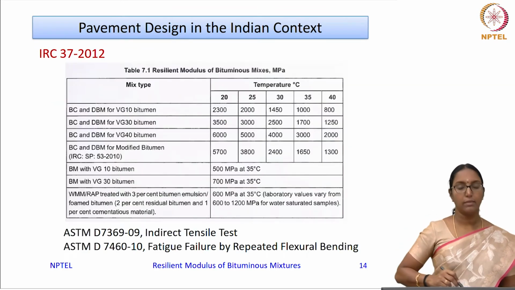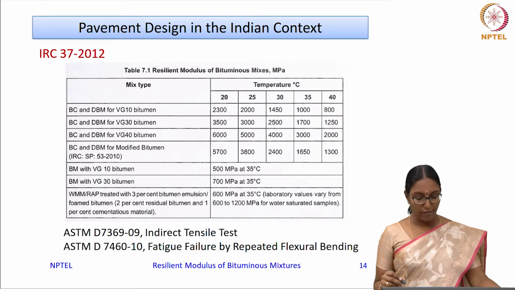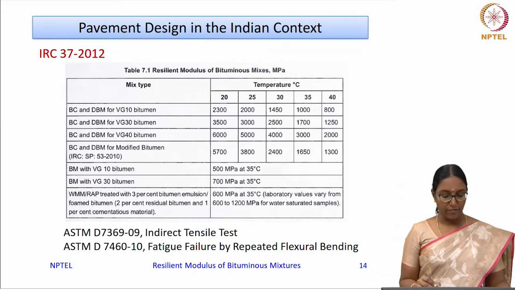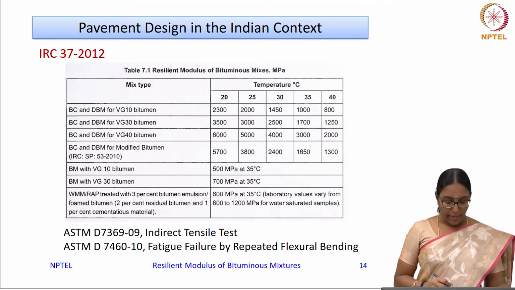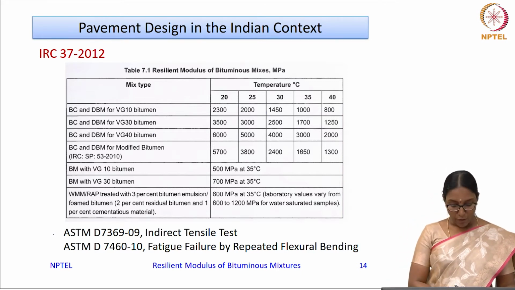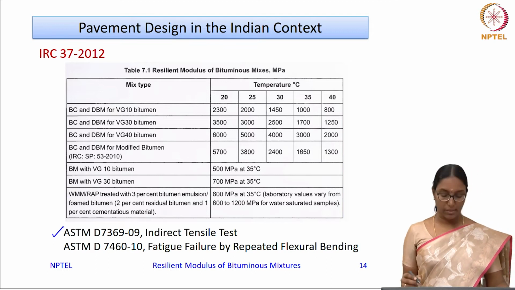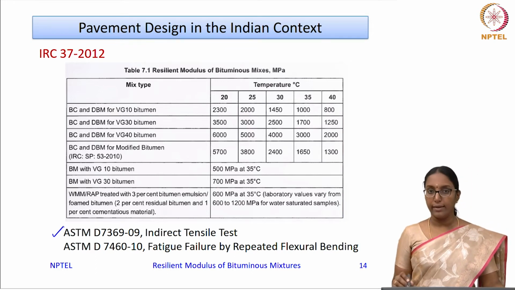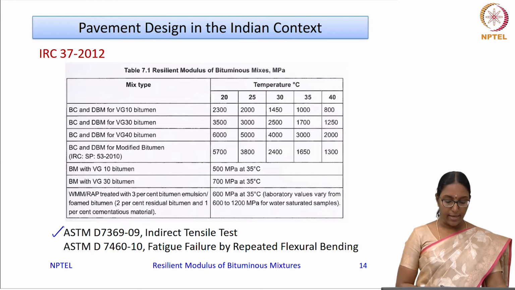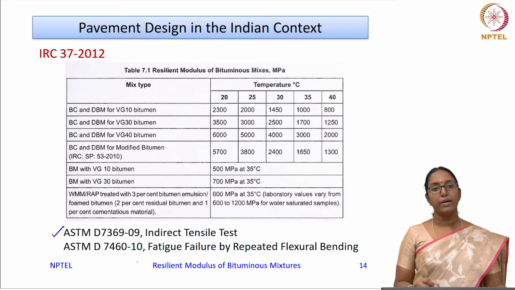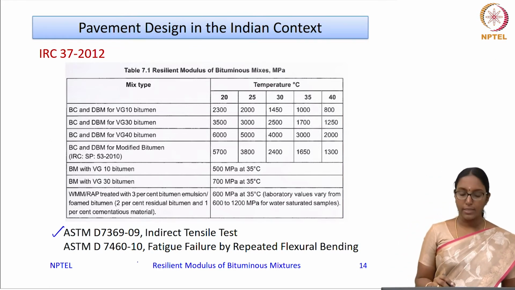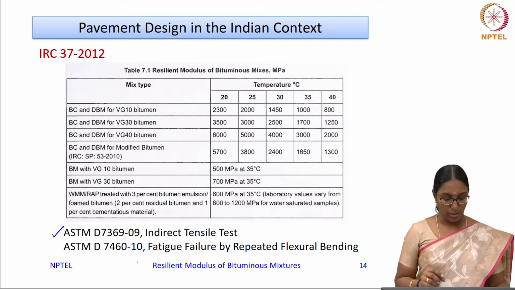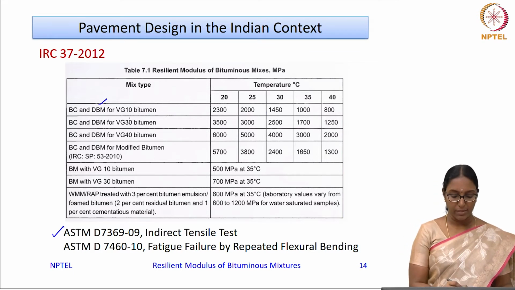So, as suggested by IRC 37 2012, these are the resilient modulus values given for different bituminous mixtures, and the test protocol they have used is ASTM D7369 by indirect tensile strength test, or ASTM D7460 wherein a fatigue failure test by repeated flexural bending test is conducted.